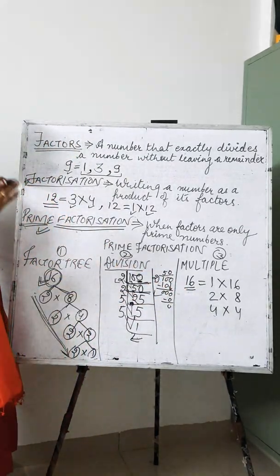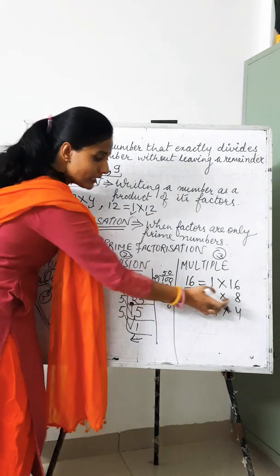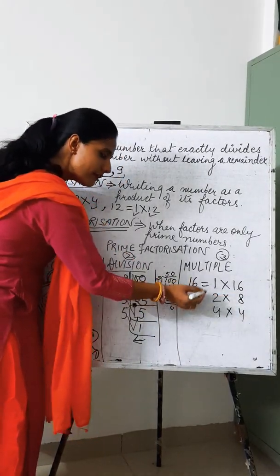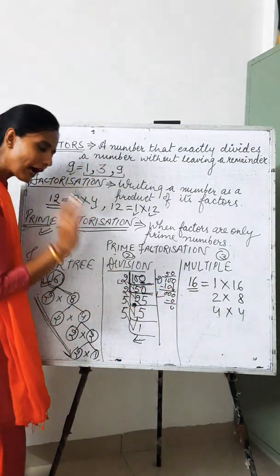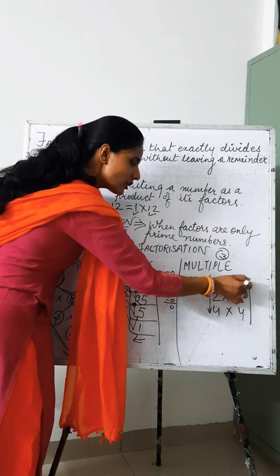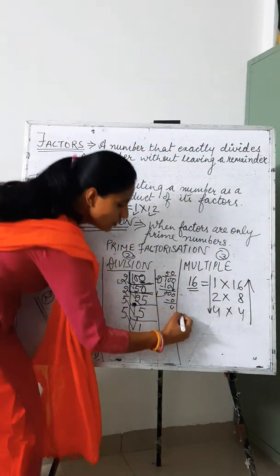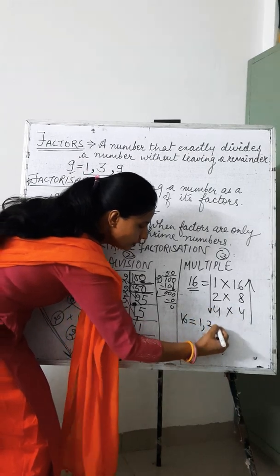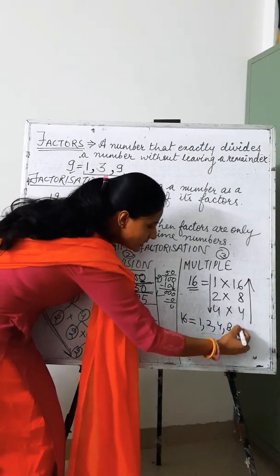Then come to 8. 8 2s are 16, but I have already written 2 8s are 16. So whenever the order is changing, you have to stop your journey there. As soon as you get ulta pulta, stop there and then you will find your factors: 1, 2, 4, 8 and 16.